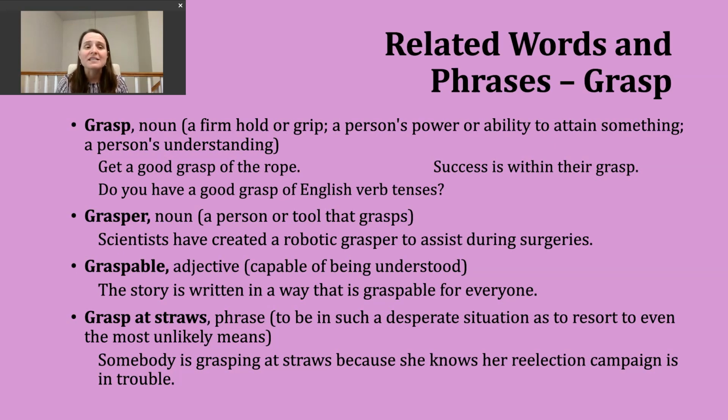So, when this phrase, grasp at straws, is used, it means that someone feels like they are in a very desperate situation, that they're going to resort to something that is unlikely. Many times you'll hear people sort of use this to say that an argument someone is making just makes no sense. It's not likely to be true.